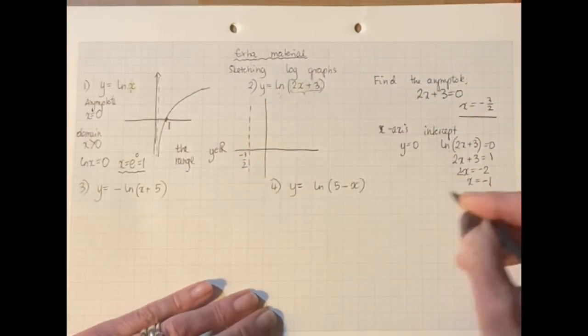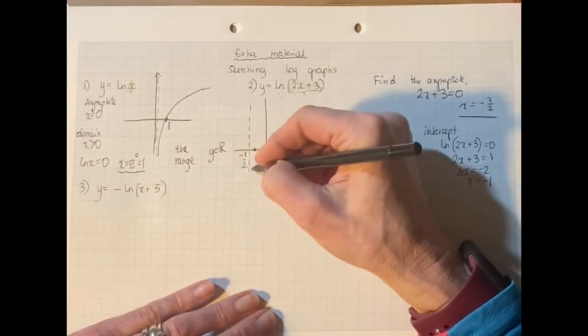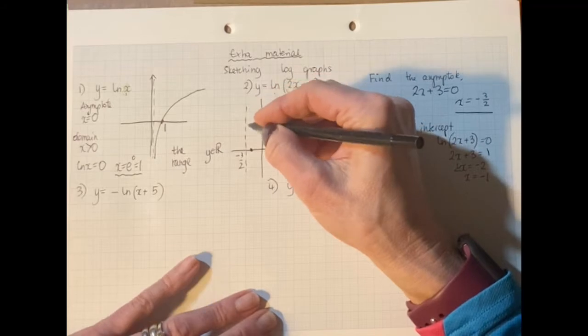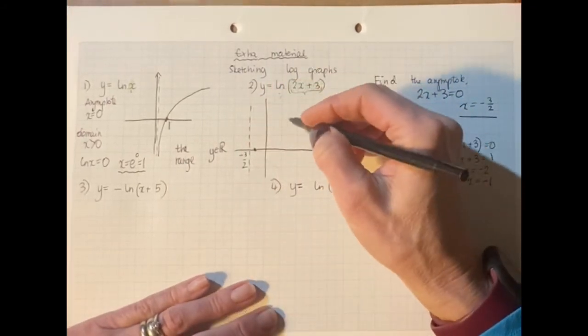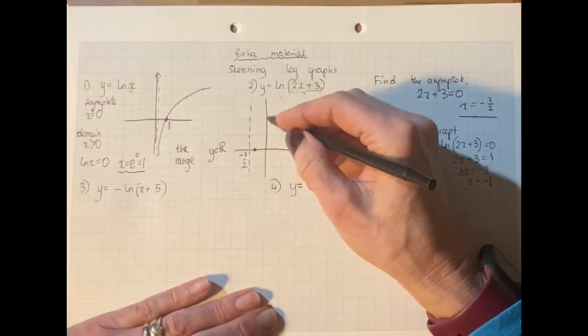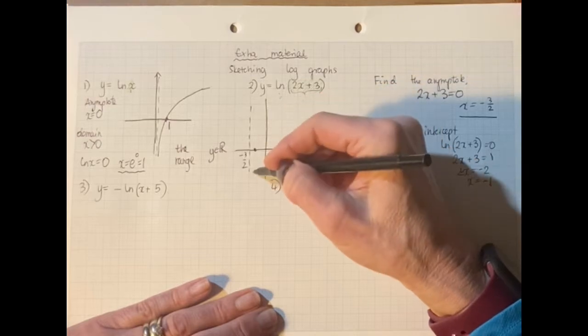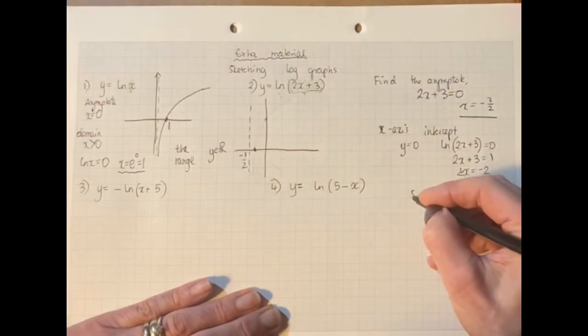It passes the x-axis at minus 1. But you might think, well, is it going to be looking like this or like this? So if you're not sure, all you need to do is check, in this case, whether it crosses the y-axis, because clearly it will cross the y-axis.